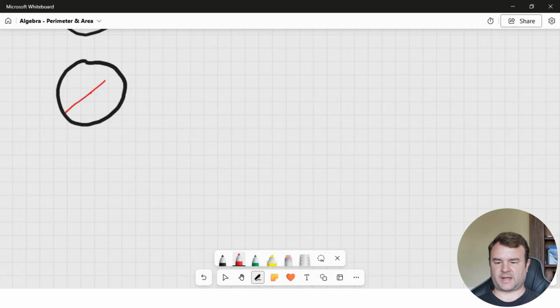Our diameter is this line through the center. And this is our radius. So let's say the radius is equal to 5. And the diameter is just 2 times the radius, so the diameter would be equal to 10.